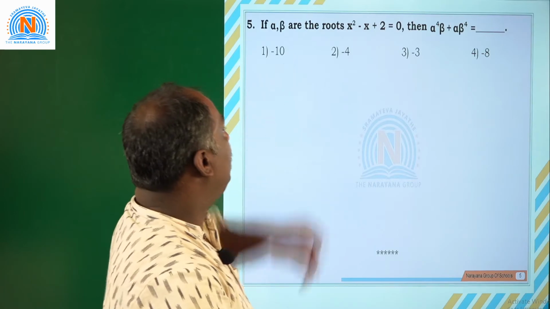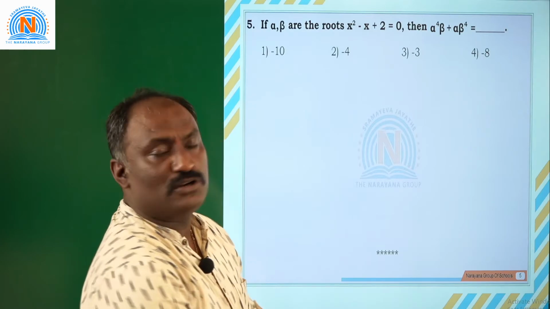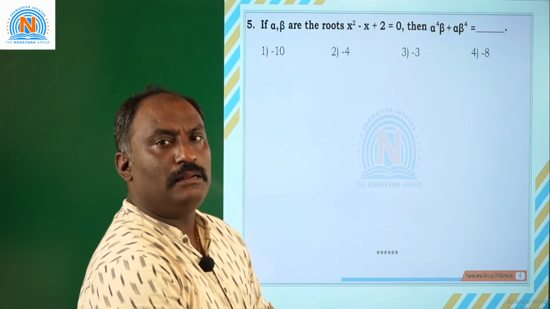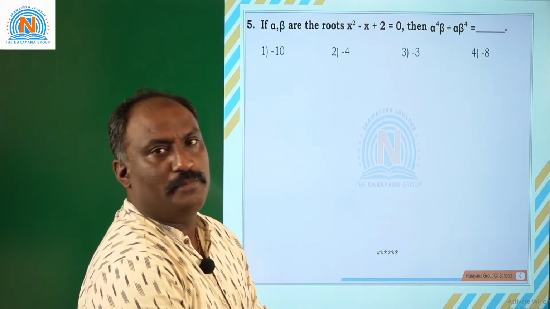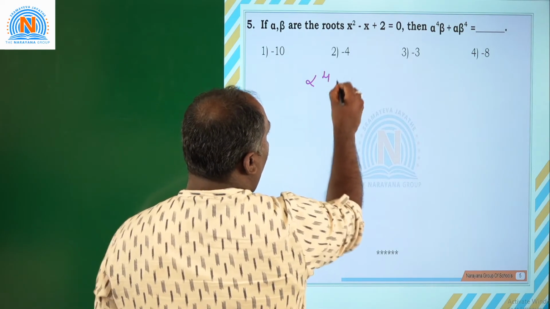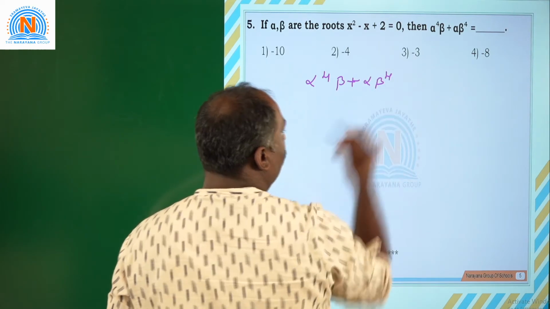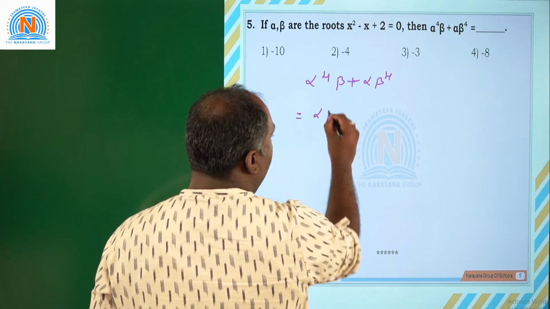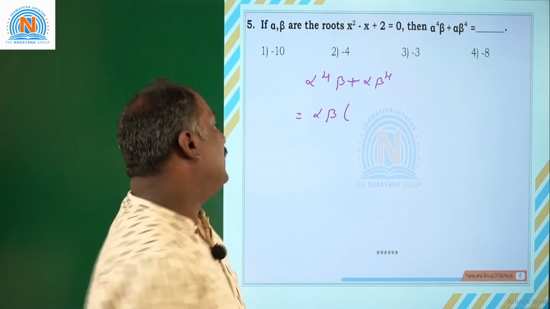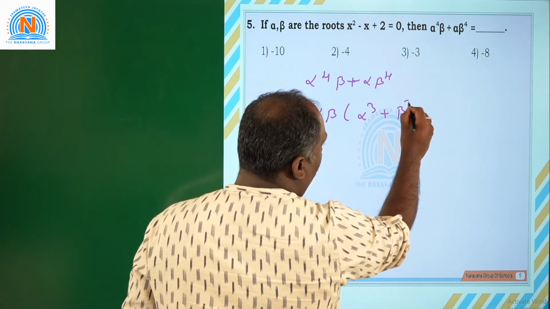If alpha, beta are the roots of x square minus x plus 2 is equal to 0, then they are asking us to find alpha power 4 into beta plus alpha into beta power 4. If I take alpha beta as common from the first and second terms, the remaining is alpha cube plus beta cube.